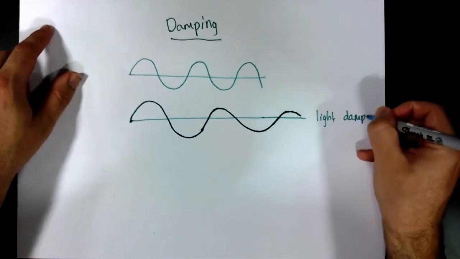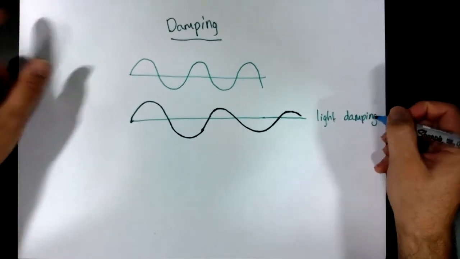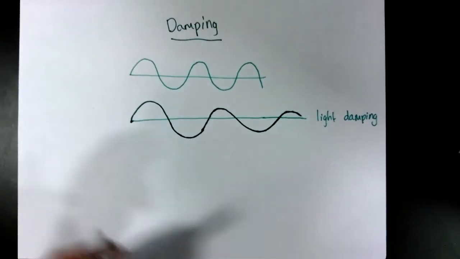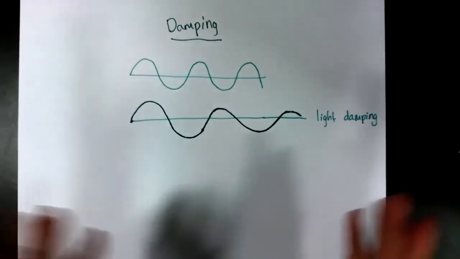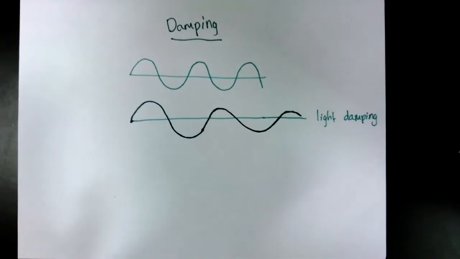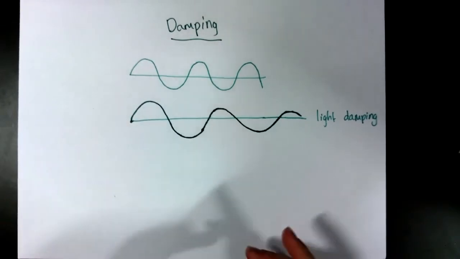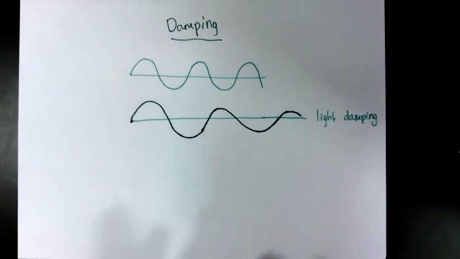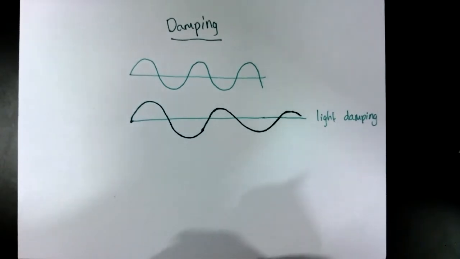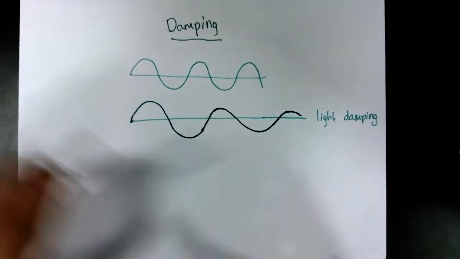Now, light damping can occur generally over time on any pendulum because of air resistance, and so we get that reduction in amplitude because work is being done on the air particles to move them out of the way, and that energy is being transferred to heat, for example, in moving those particles around. So we have this idea of light damping, but there are other forms of damping as well.